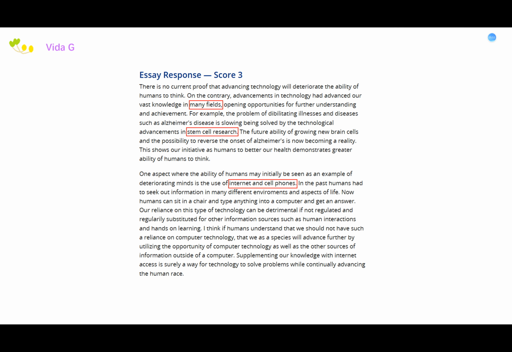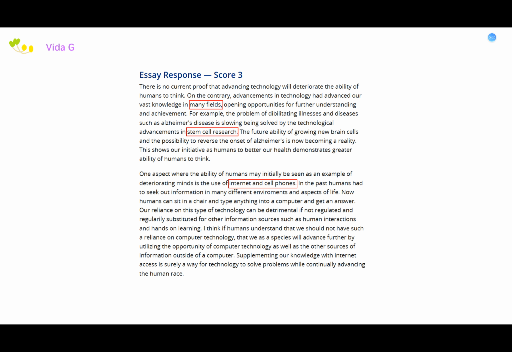You cannot use the word "many." You have to write exact fields, like the medical field or technological field, something like that. And in the argument, the author only used one evidence. This is not sufficient nor representative.